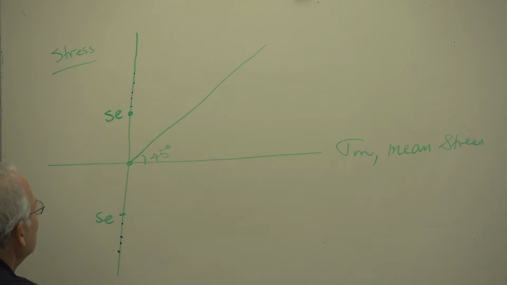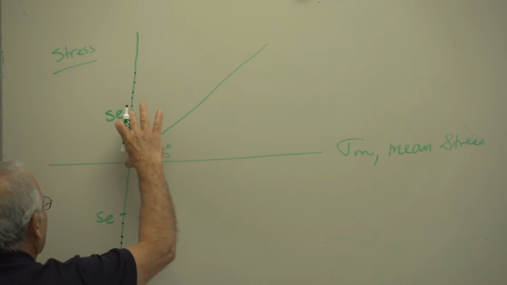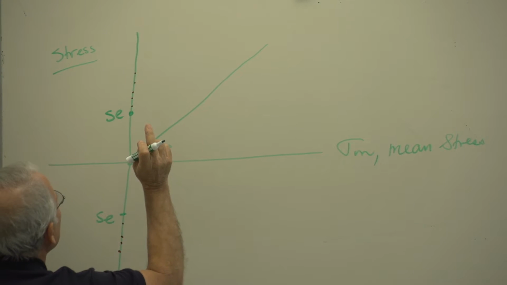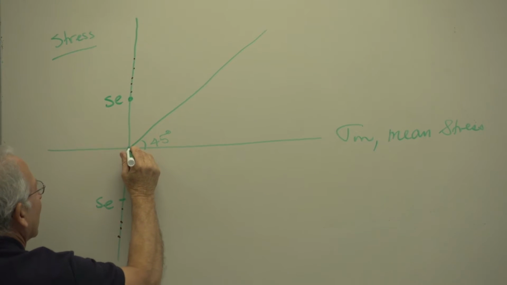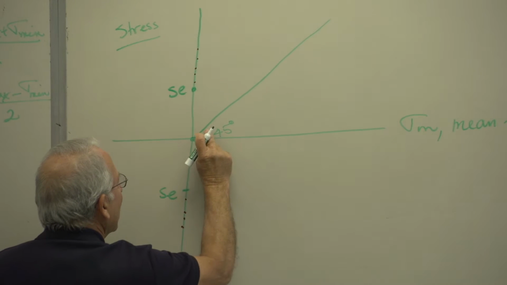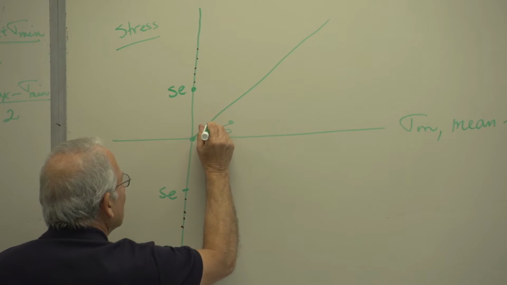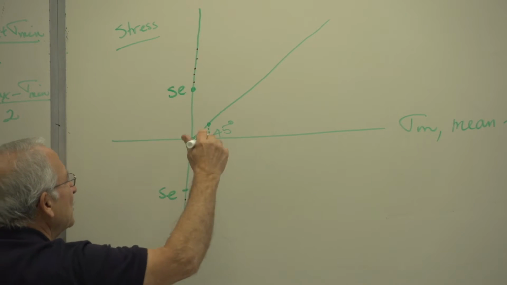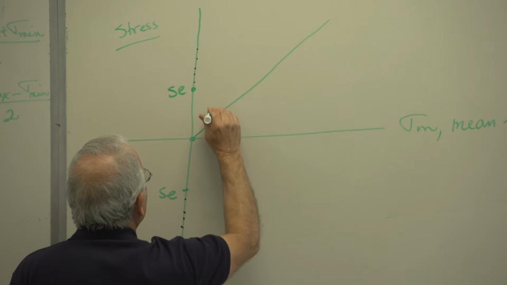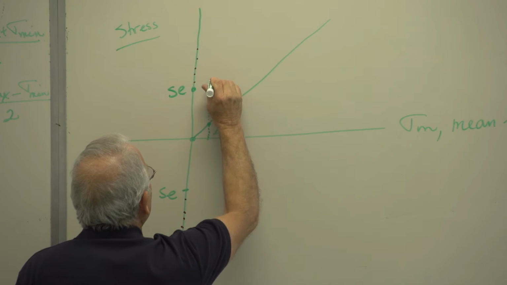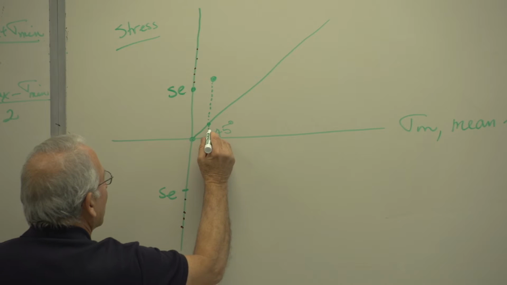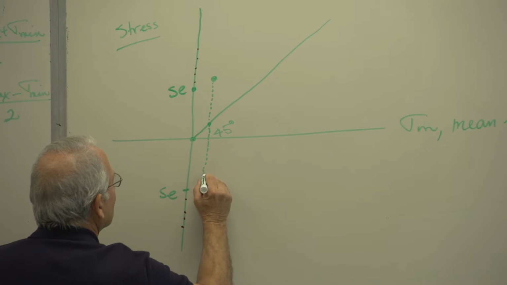So if mean stress is 0, I can have that much SE. Let's increase that a little bit. If the mean stress is now a little bit more, let's say over here, then this has to be reduced in order to preserve infinite life. So I can go up to maybe no more than that, a little bit more so I can get a good line. And then down here as well.